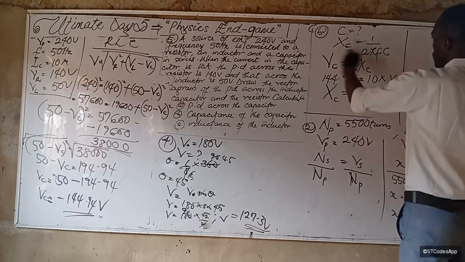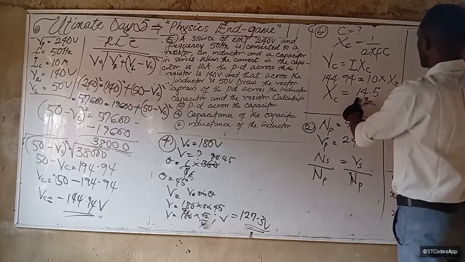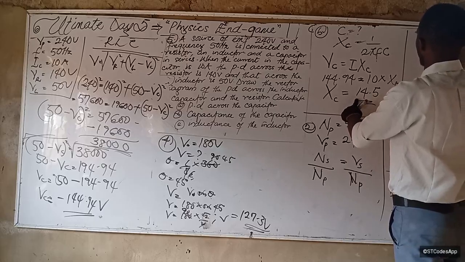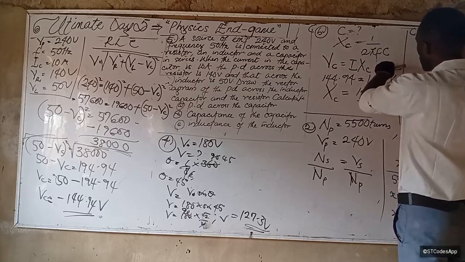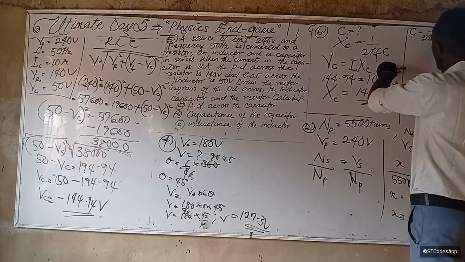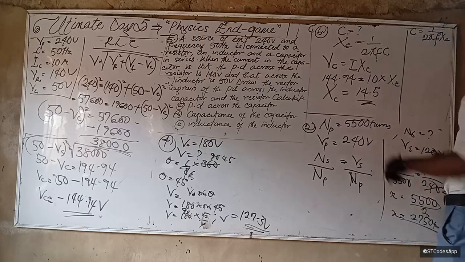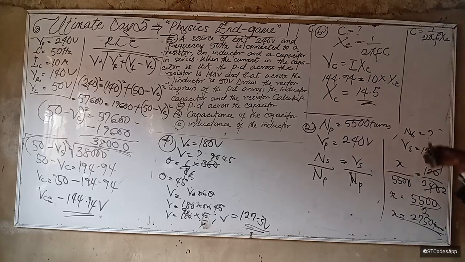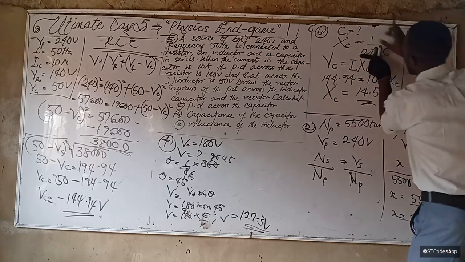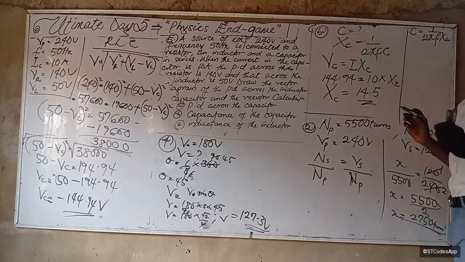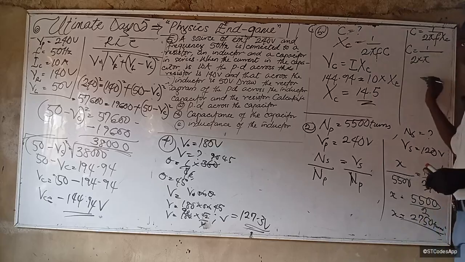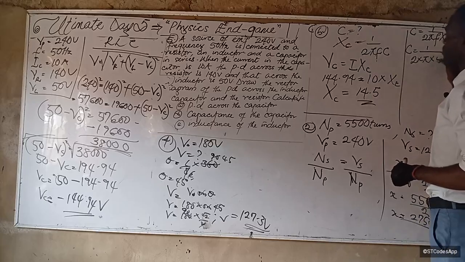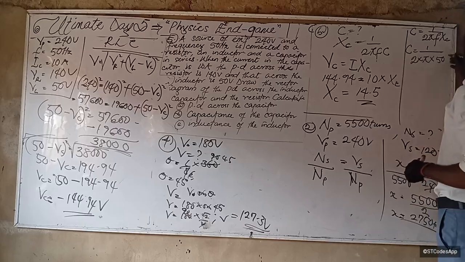Then recall that X sub C is 1 over 2 pi F C. So by the time you work the math, C will be equal to 1 over 2 pi F X sub C. Just interchange it. So C will be equal to 1 over 2 times pi times 50 times 14.5.